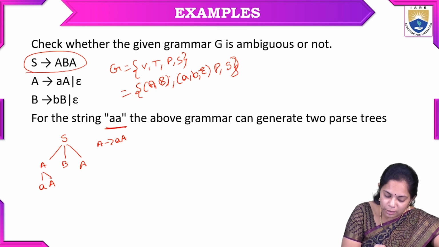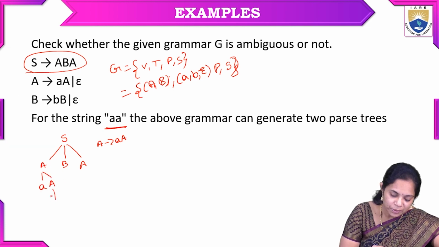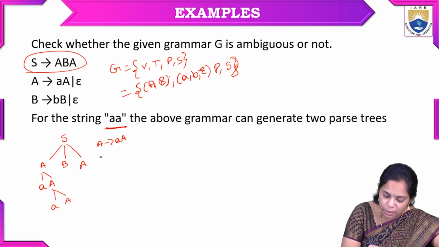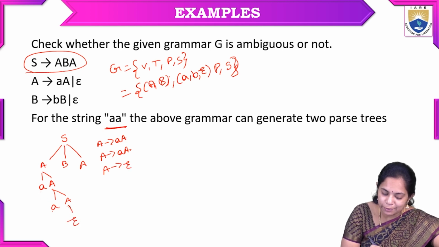We already have the terminal and non-terminal. So, again we have to replace A tends to AA. And after this, we already have the AA. So, again, if you replace this A with epsilon, we will get the input string.